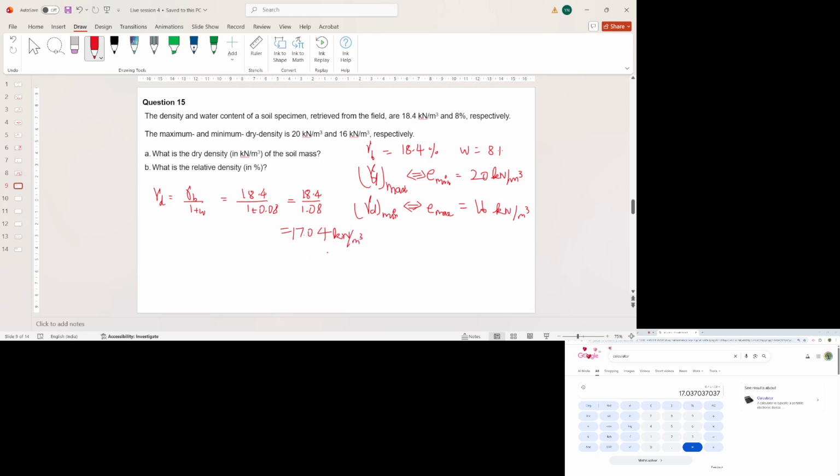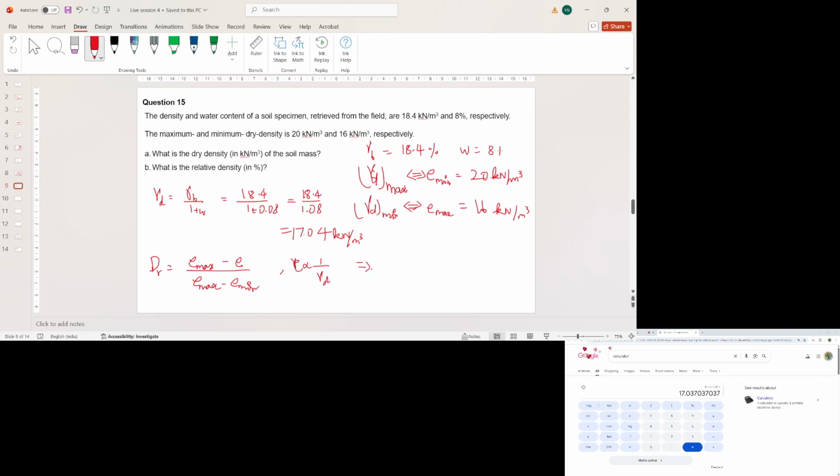Now we know that D_r is e max minus e divided by e max minus e min. And also we know that e is inversely proportional to gamma d.